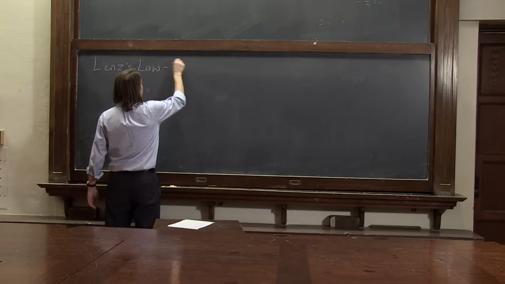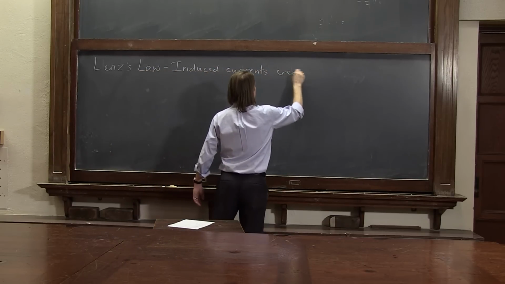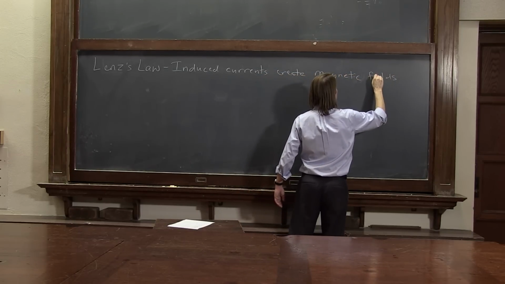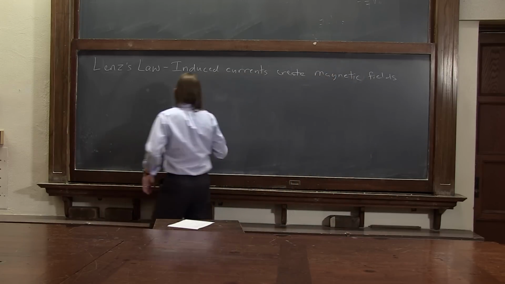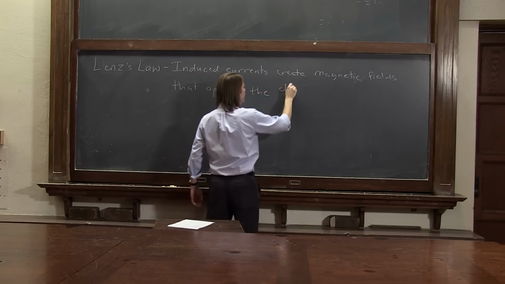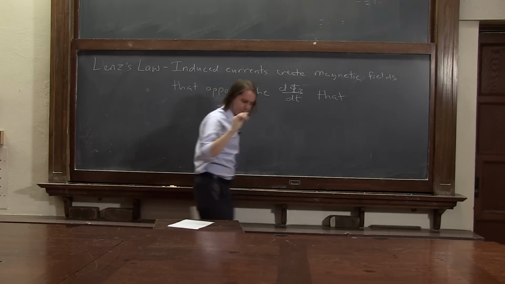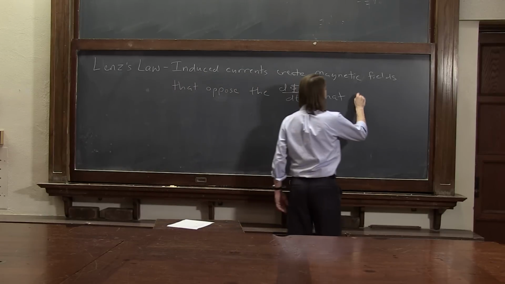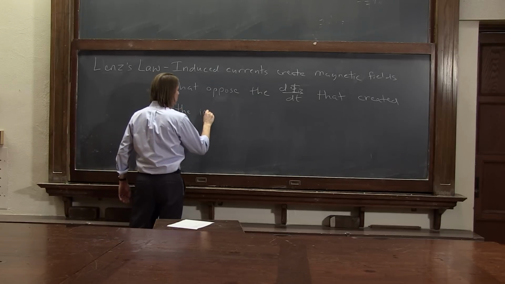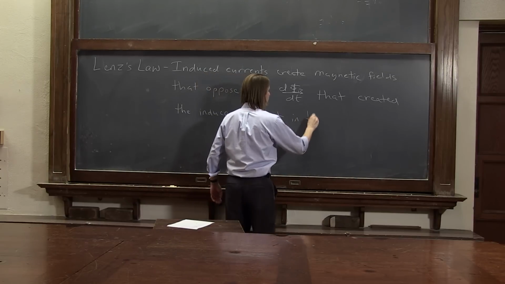So it says, my phrasing, that induced currents create magnetic fields that oppose the dΦB/dt that, and the wording here is critical, created the induced current in the first place.